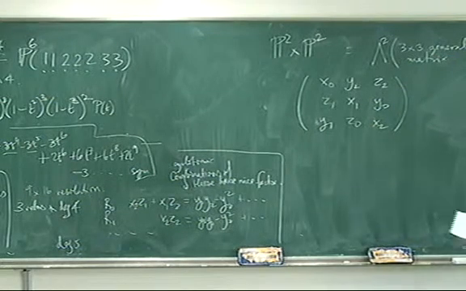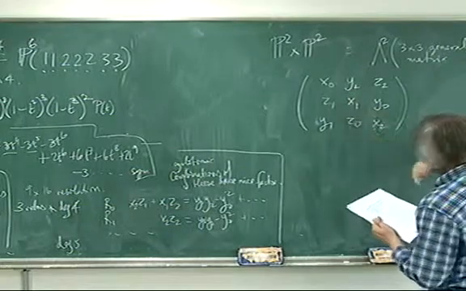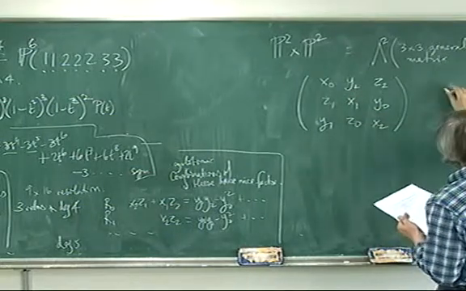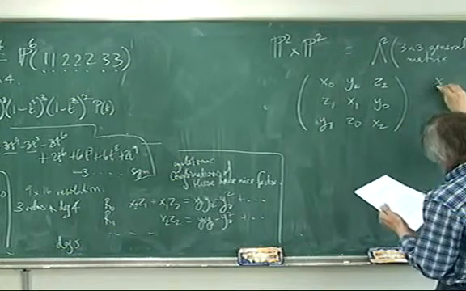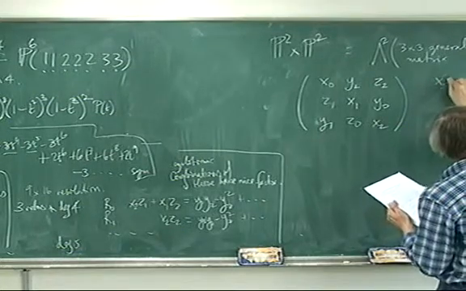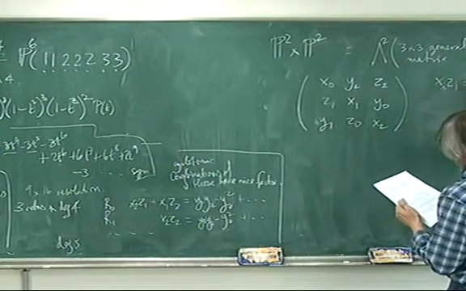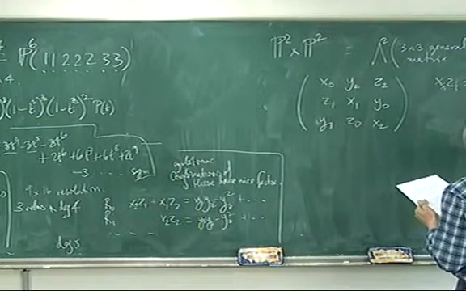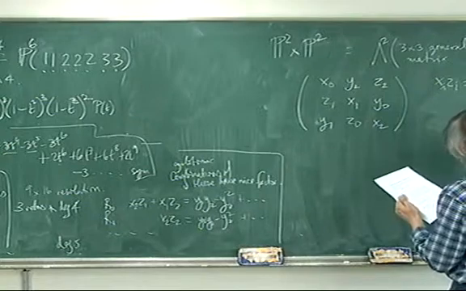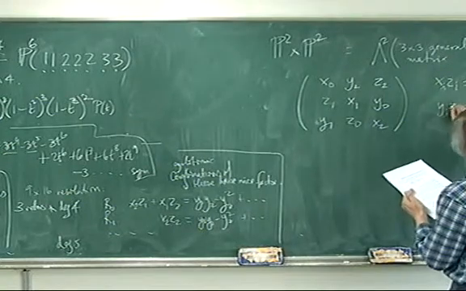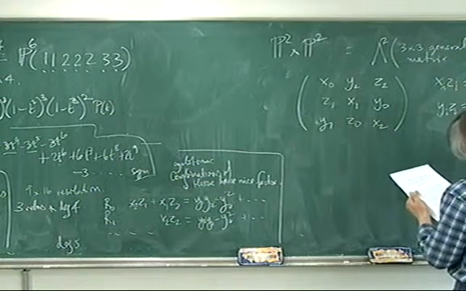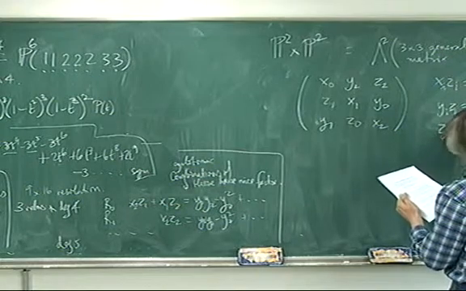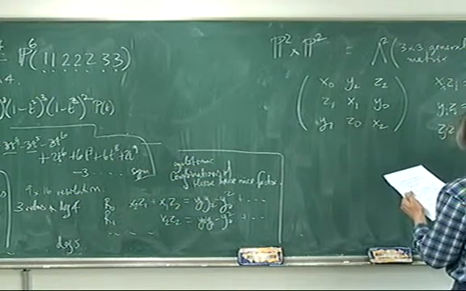Okay, so you'll notice that here I have equations x_i times z_i is y_j y_k, and y_i times z_i equals x_j x_k, and z_j z_k equals x_i y_i.